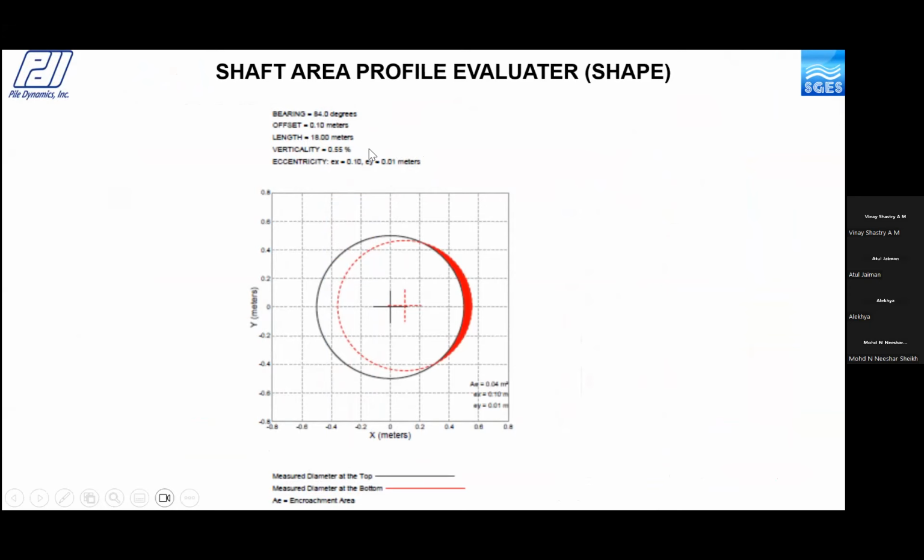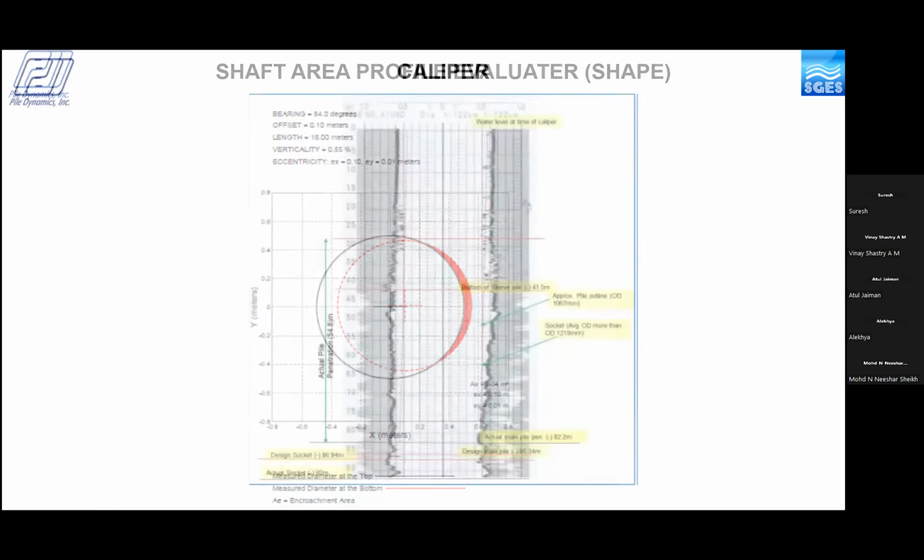Normally, an eccentricity of about 1.5 to 2% is permitted in many of our infrastructure projects. And if this offset is more than the prescribed limits, probably moment is induced, which will reduce the load carrying capacity of the pile. So this is a powerful tool to get you the shape of the pile borehole excavation, the eccentricity, and the volume of the excavation as well.